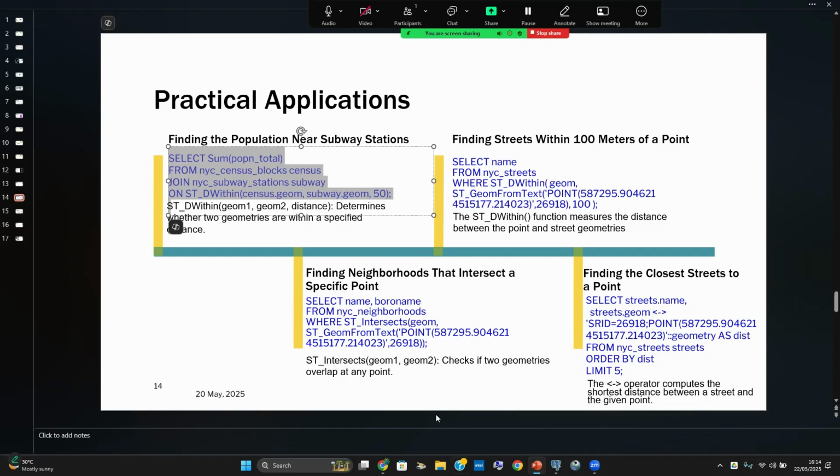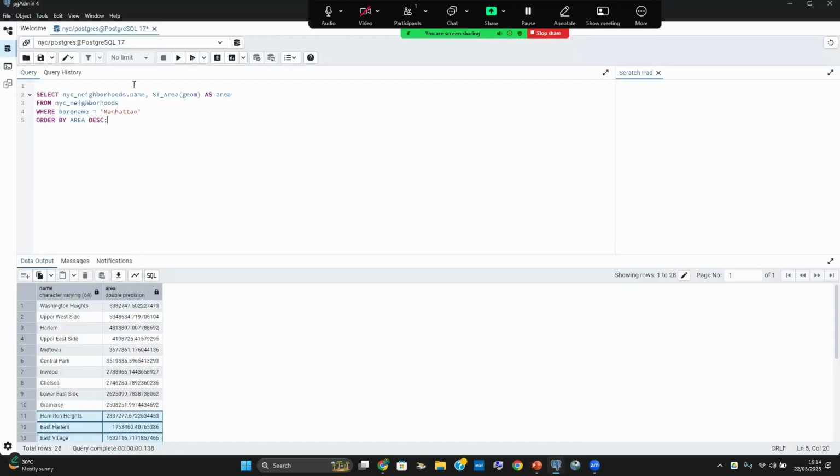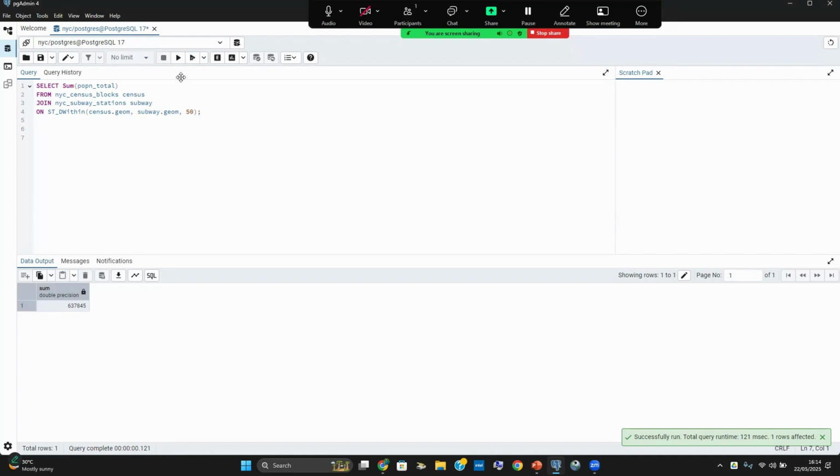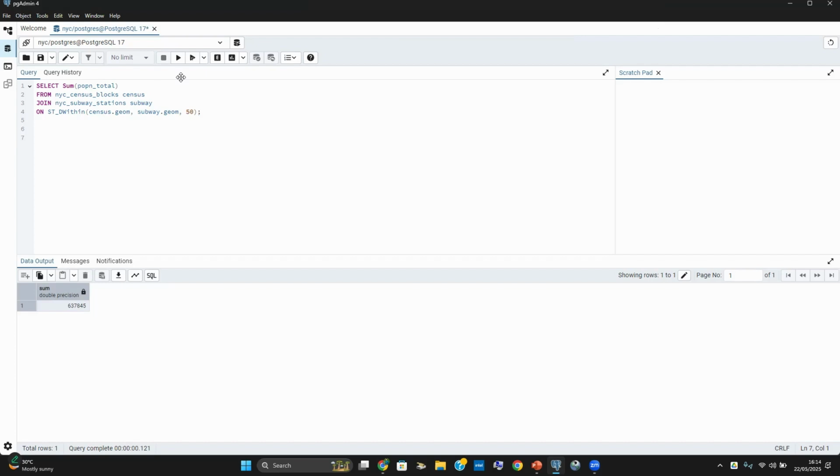So if we copy, did I copy? Yes. So what we're seeing here in New York City is that some 637,845 individuals live in a census block that is within a 50-meter radius of a subway station.